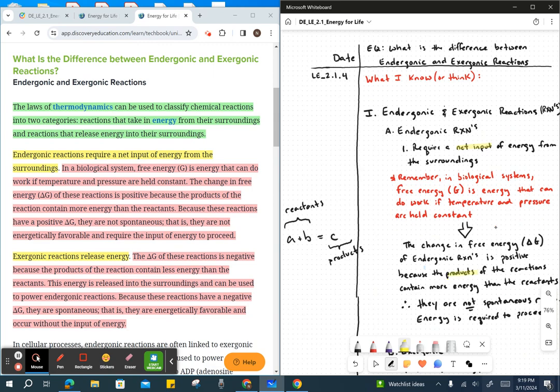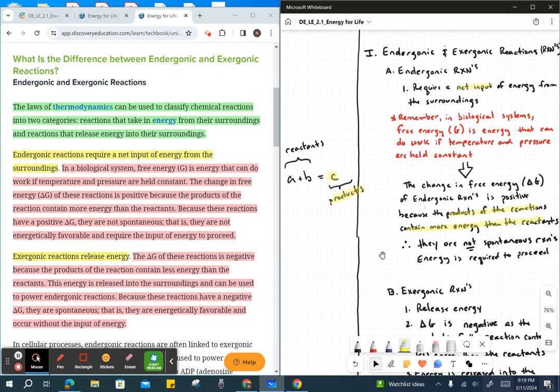The products of the reaction contain more energy than the reactants. So this here is your products, right? They contain more energy. For them to end up with more energy than what you start with, you have to input the energy. Okay. All right.